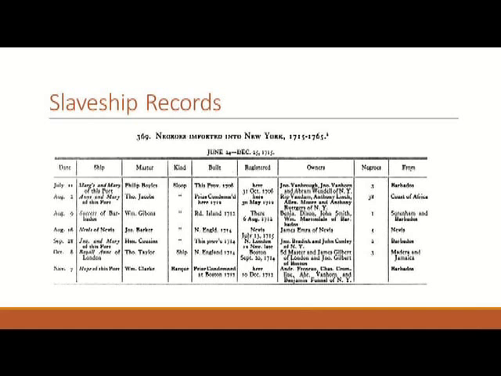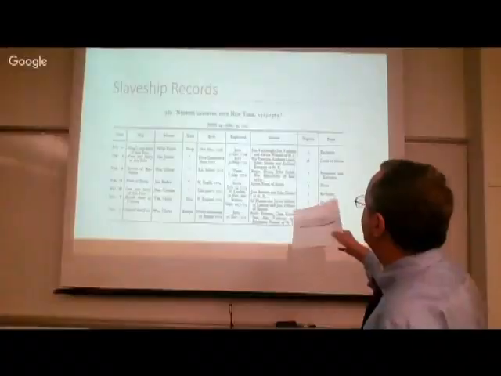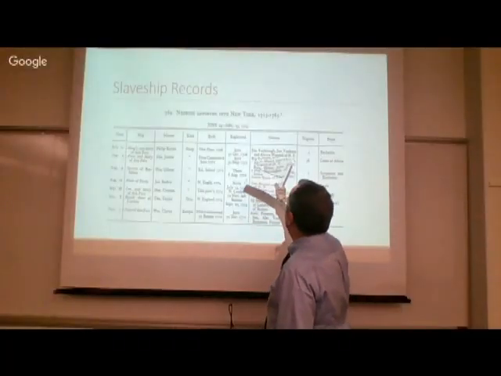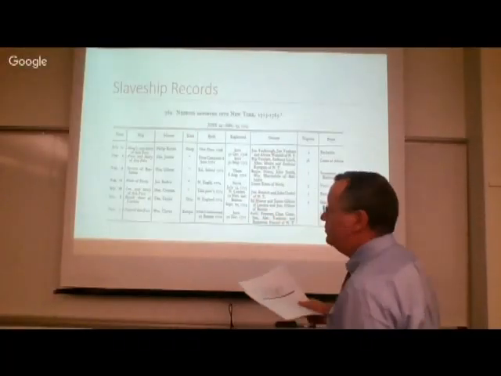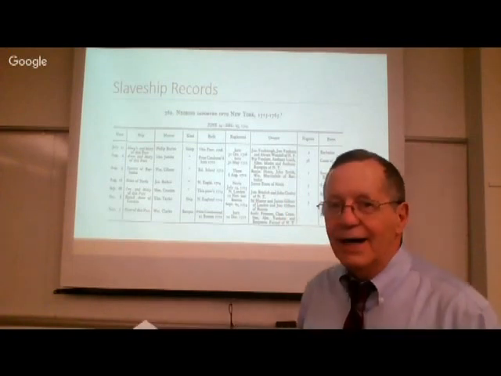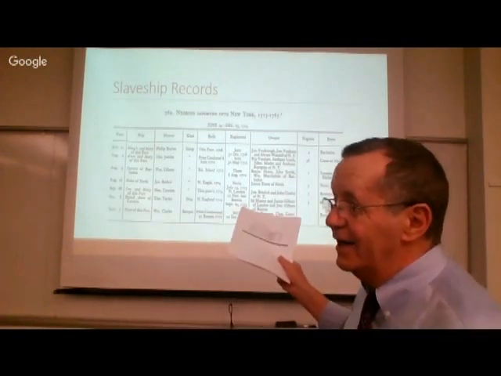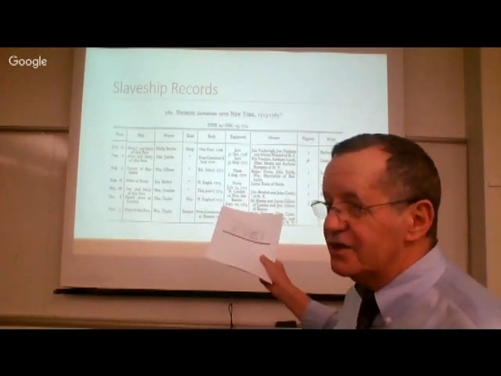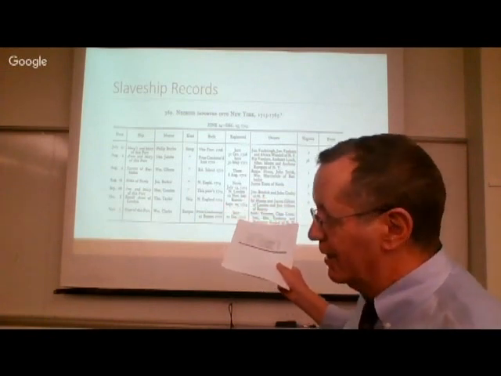What's interesting about the document is it identifies the date, the ship, the captain or master, the registration, the owners, the number of enslaved persons, and where it came from. So, for example, this one says John Van Bro of New York. So what we've got there is we've identified an investor owner of a slave ship from New York.